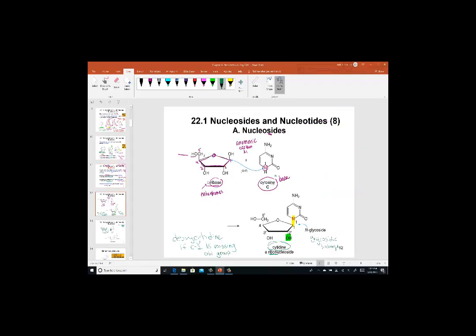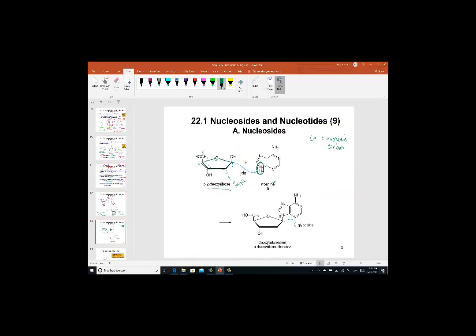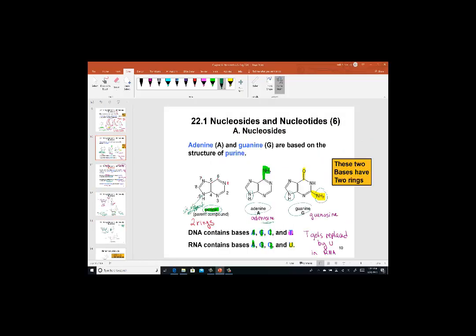The bases were named adenine and guanine, but if we're naming those bases as part of a nucleoside, you hear them stated as adenosine or guanosine. And then depending on the sugar, if the sugar has no oxygen at carbon 2, you'd hear the prefix deoxy: deoxyadenosine.